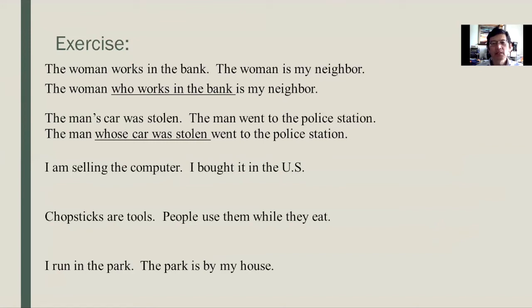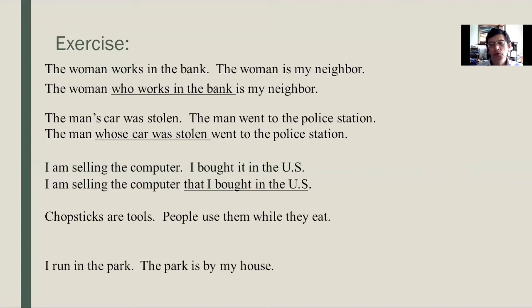I am selling the computer. I bought it in the US. What is the one sentence that you can make? I am selling the computer that I bought in the US. Chopsticks are tools. People use them while they eat.